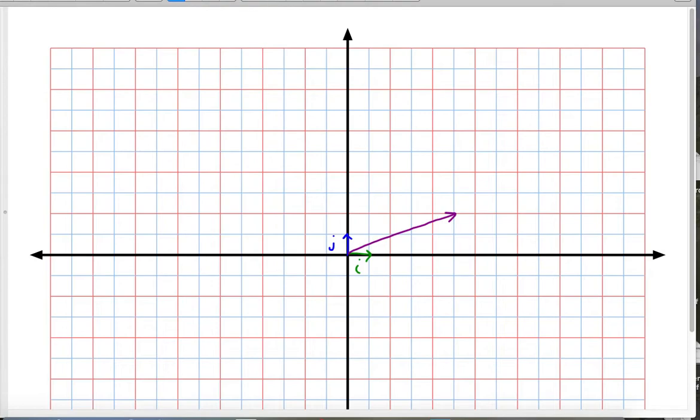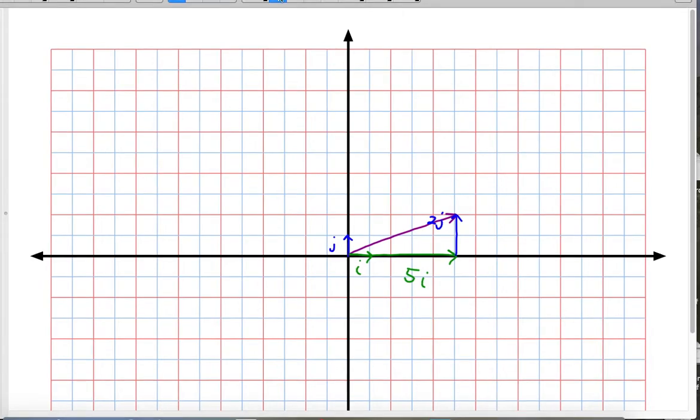If I take this i vector and multiply it by 5, that would be 5i. And then the j vector, if I multiplied that by 2, and then if I added the 5i vector plus the 2j vector, that would give me my vector (5, 2), which is what I started with.